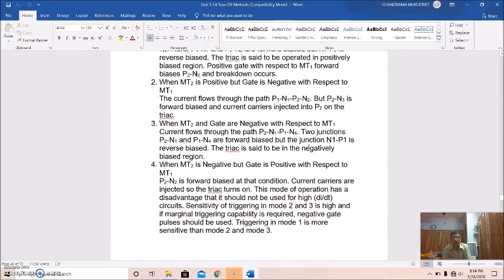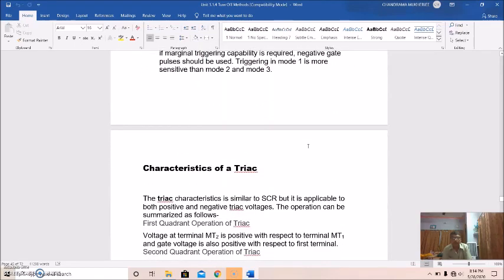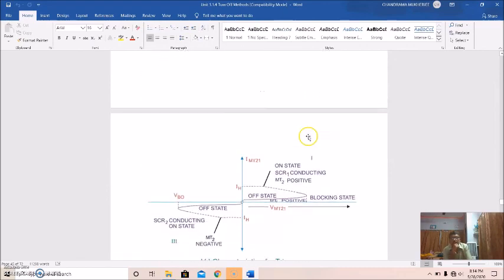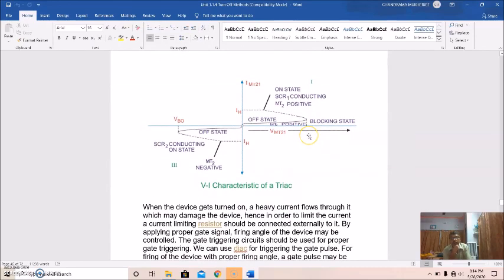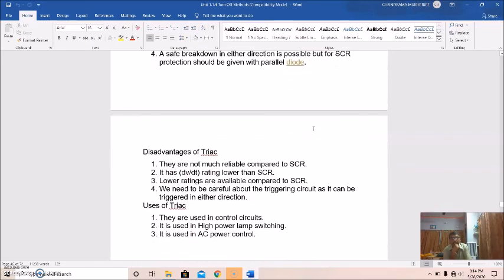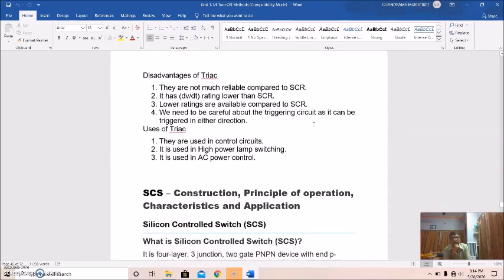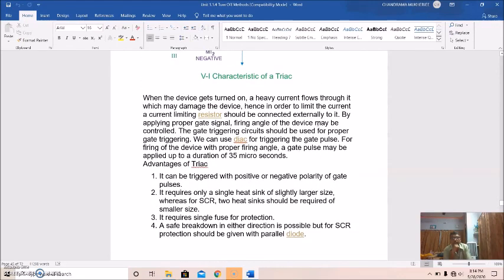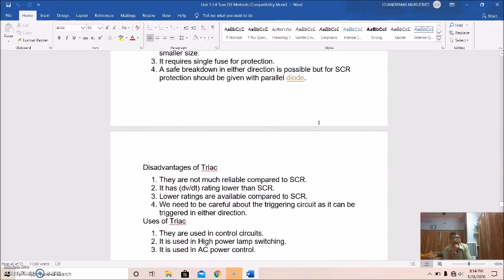So we have discussed all these things, and its application, its uses and its disadvantages. But why it is not more useful like the SCR, what are its limitations, that is also discussed in the disadvantages portion of the TRIAC.